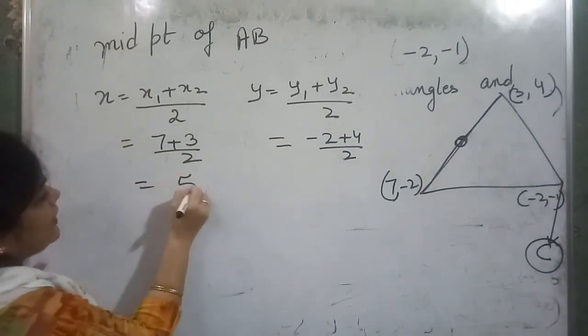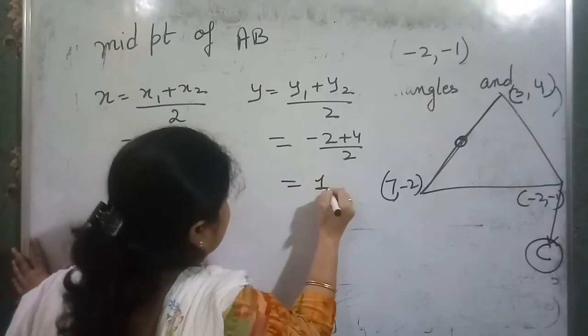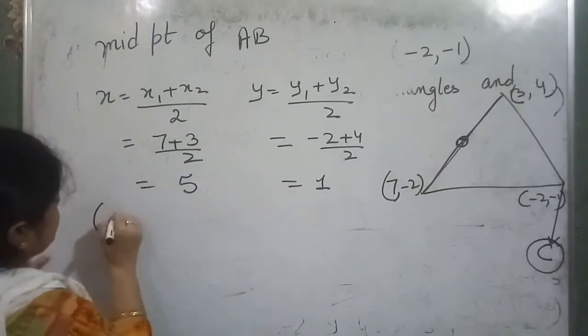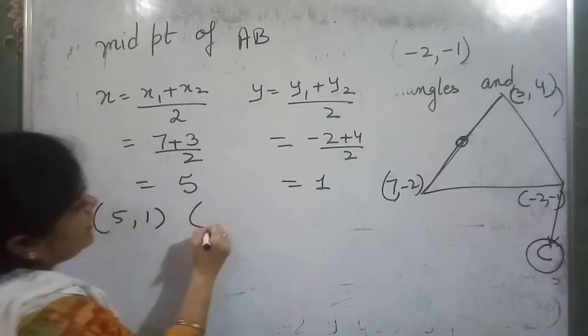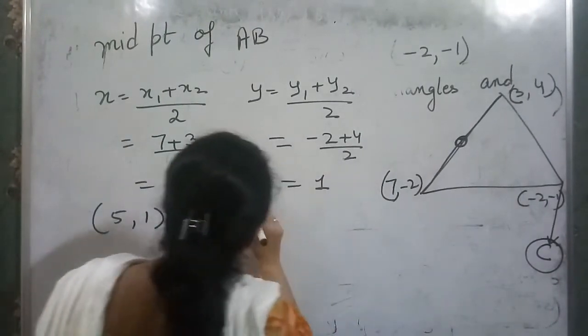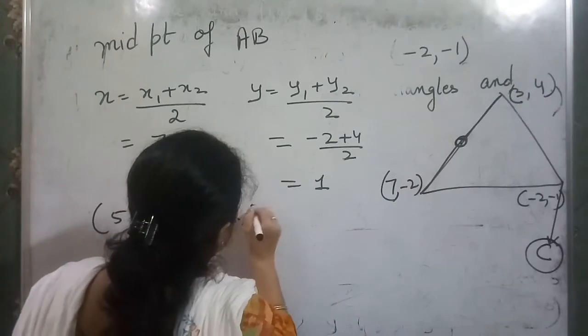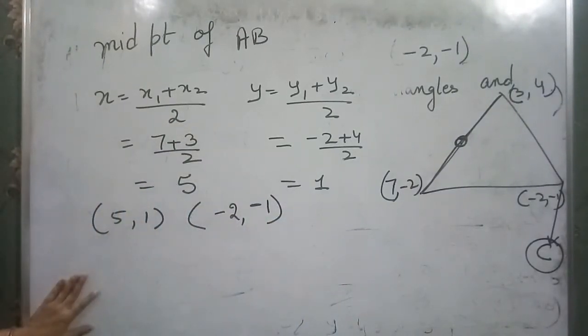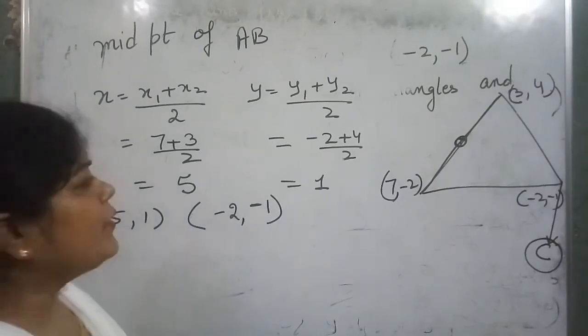So we have 5 and here we have 1. So now we have to find the equation of the line which passes through 5, 1 and this one, minus 2, minus 1. Now you can easily find the equation of the line which passes through these 2 points.